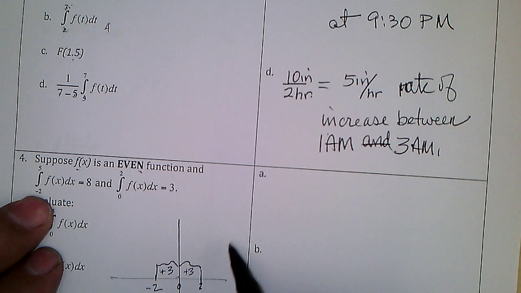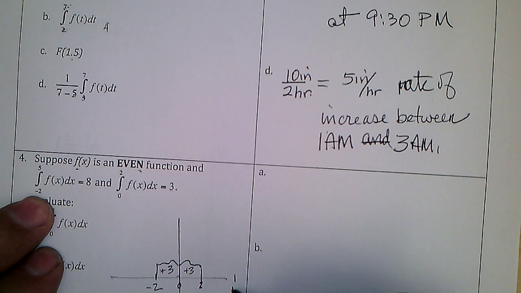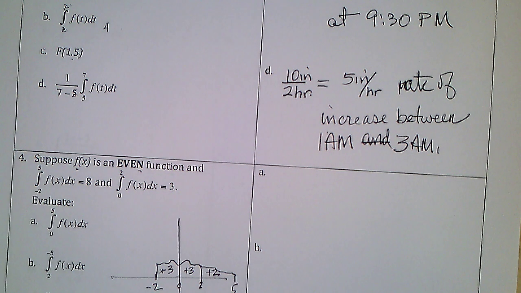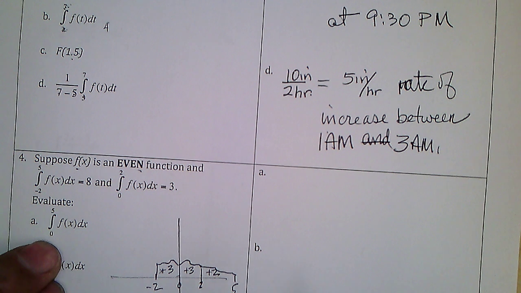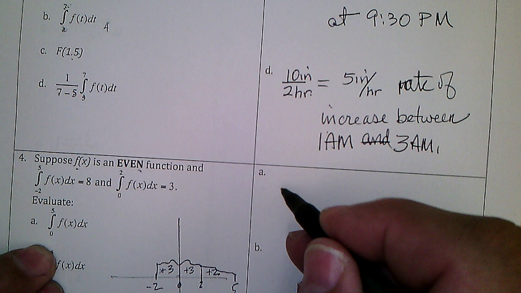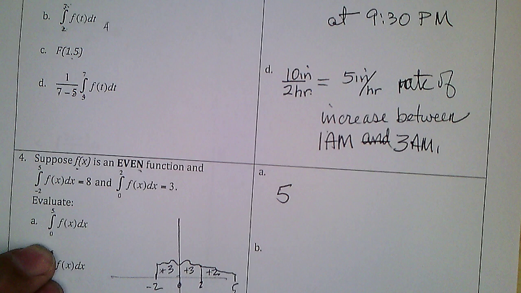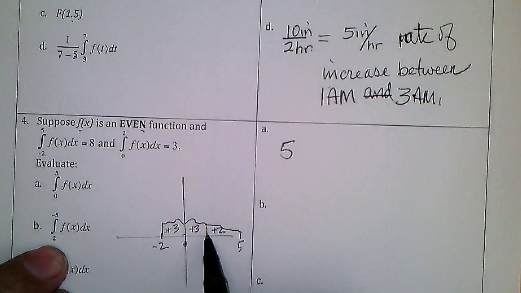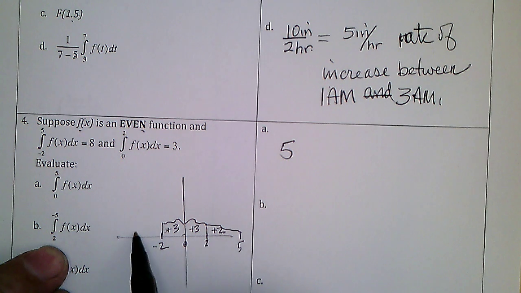But from negative 2 to 5, there's a total of 8. So this is pretty small out here. Another plus 2, making a total of 8. So how much is there from 0 to 5? 0 to 5, there's 3 plus 2, which is 5. How much is there from 2 to minus 5?